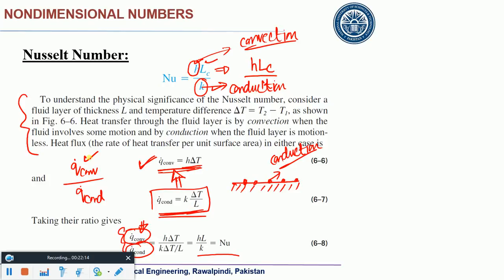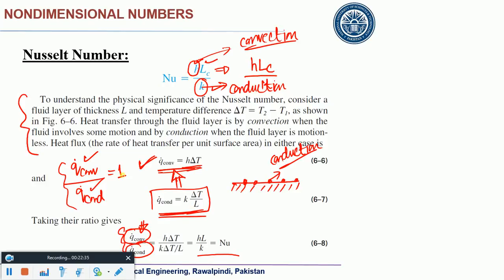Now Q dot convection happens when you have some motion of the fluid, and Q dot conduction happens when you have no motion of the fluid, isn't it? So if I say that this ratio is equal to 1, what does that mean? Is there any motion in the fluid?